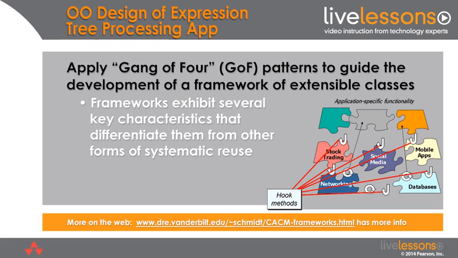They just differ in terms of what level of generality and specificity they tend to emphasize. The last characteristic that is used to define a framework is that they provide so-called semi-complete applications, where the framework provides the bulk of the canonical control flow, the common structures, the recurring roles and responsibilities in a particular domain at a certain level of abstraction.